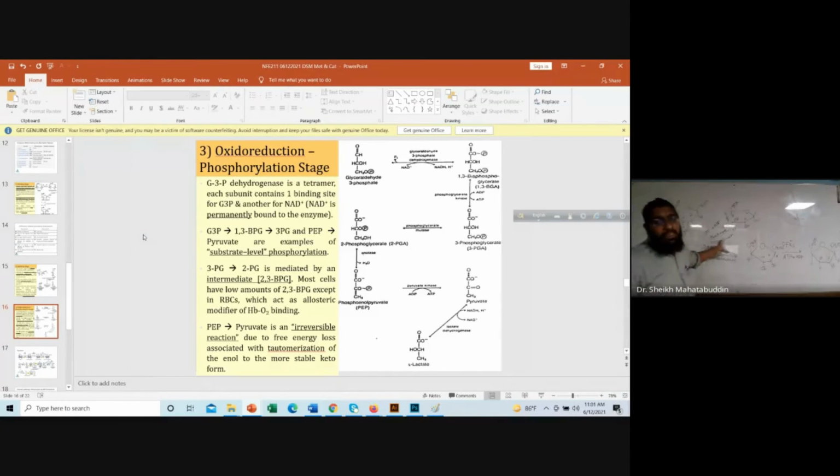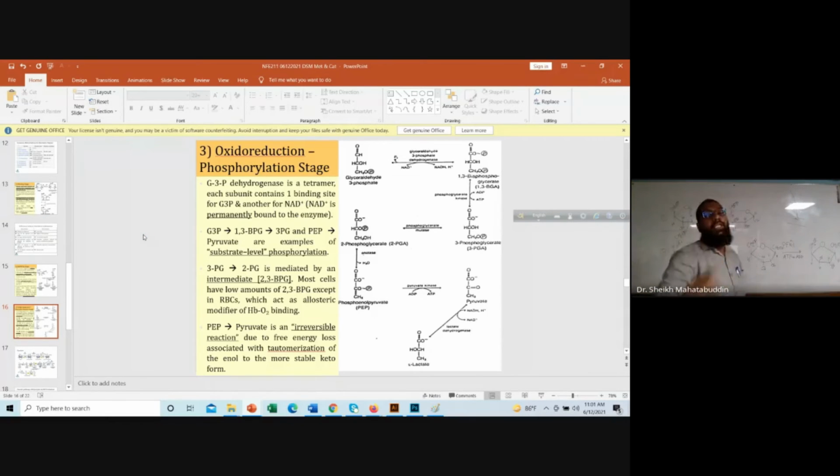And this process occurs in two different stages. In anaerobic conditions, this stabilization will give you lactic acid, and in aerobic conditions, it will give you pyruvate. For pyruvate and lactic acid, in the anaerobic case there is one more step, while in the aerobic case it stops at the formation of pyruvate.